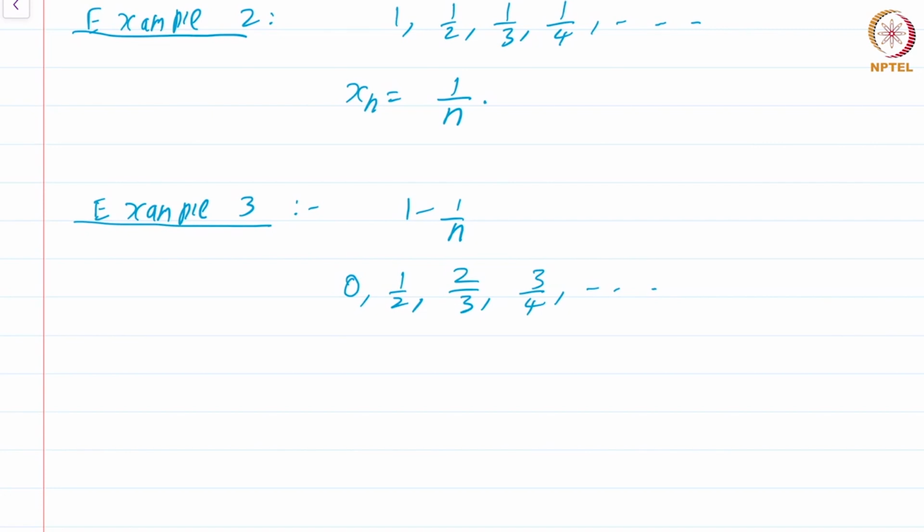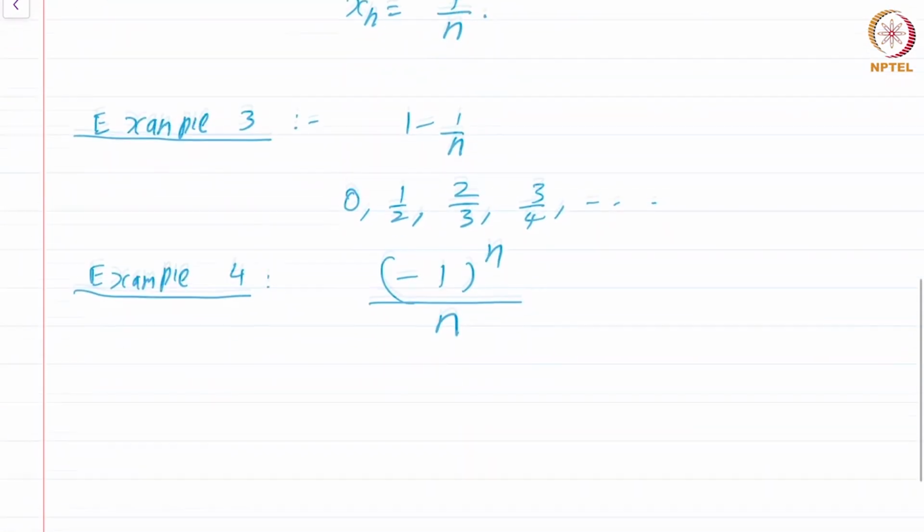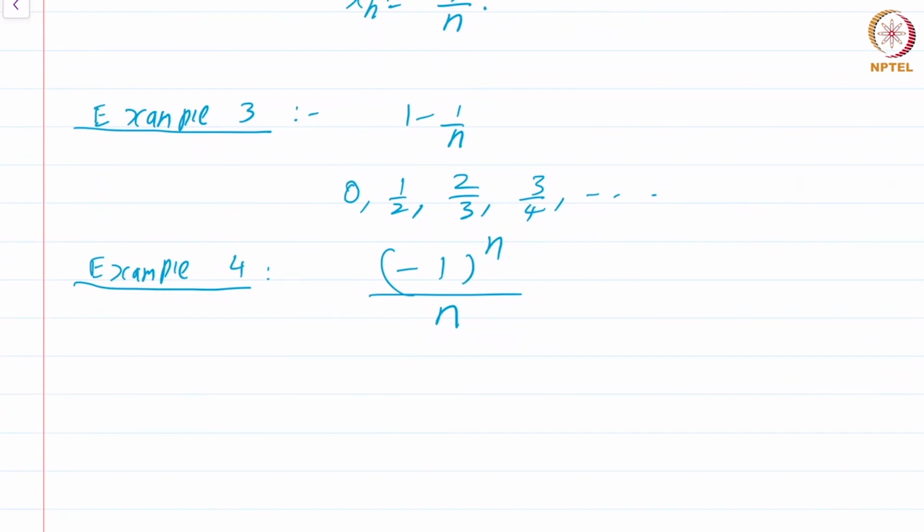Now let's twist example 2 again and consider this sequence, example 4, which is the sequence (minus 1) to the power n by n. How does this sequence look? Well, the first term is minus 1, then it's plus half, then it's minus 1 by 3, then it's plus 1 by 4, and so on.